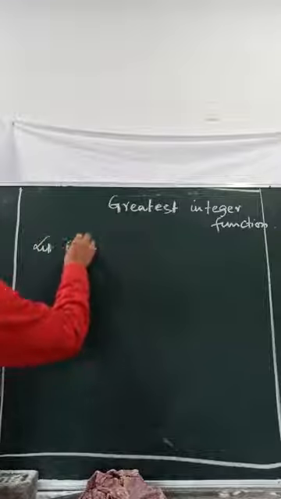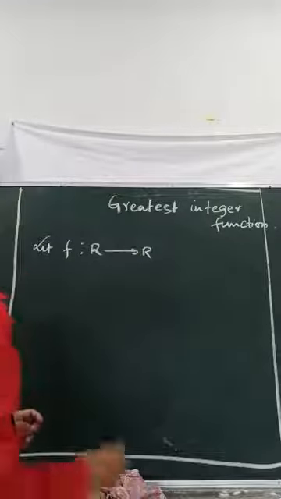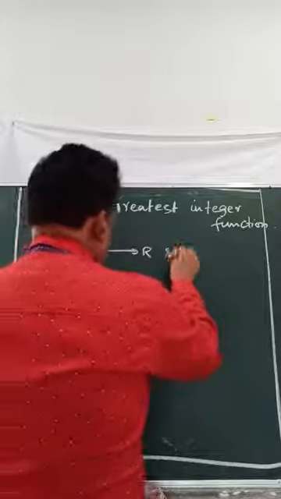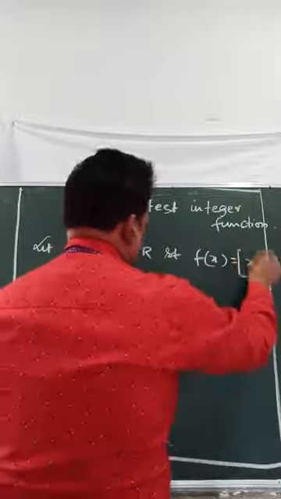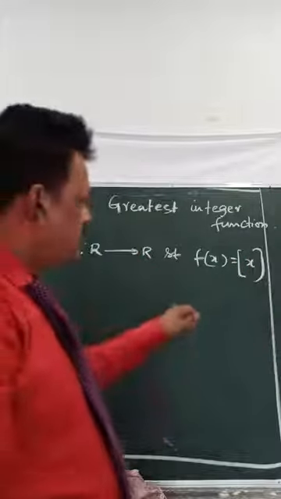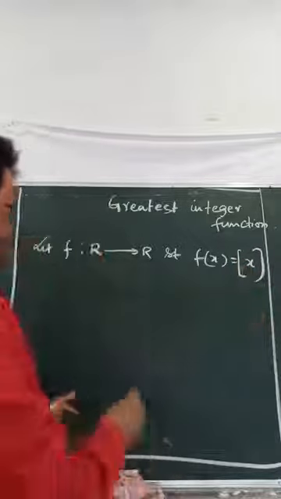Let f be a function from real numbers to real numbers, such that f(x) equals box of x, that is the greatest integer function.